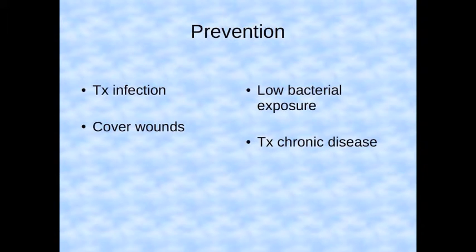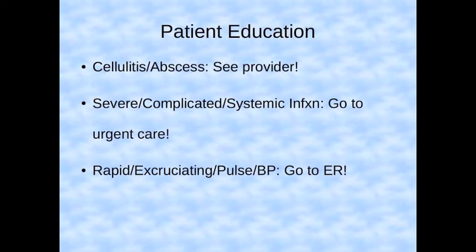Control diabetic blood sugar, hypertensive blood pressure, prevent decubitus ulcers, compress lymphedema and venous insufficiency, prevent dermatological disease flare-ups, and watch operative sites. Now we're looking at patient education. Patients should see their provider if they see signs of cellulitis: red, swollen, painful, warm, or an abscess.